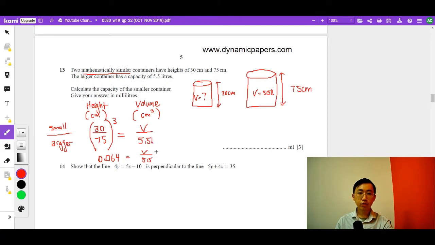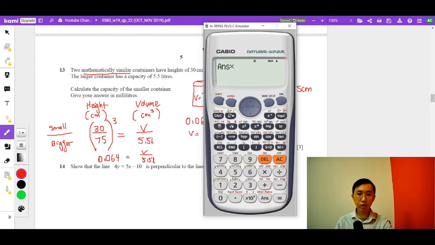Don't forget, you can write liters to remind yourself. So the next step is to kick anything at the bottom towards this side to become multiply. So 0.064 multiply with 5.5 liters. That will get you the volume of the smaller one. So let's use the calculator again. Multiply with 5.5.